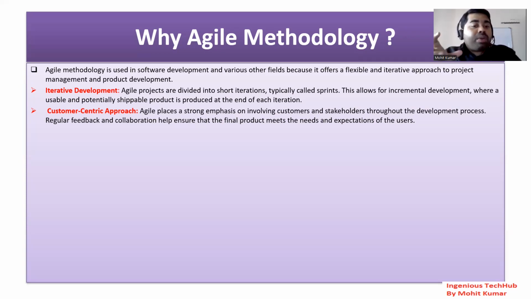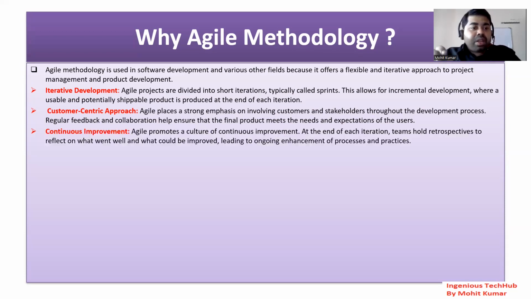Collaboration: we collaborate with the development team, BA, and DevOps team. This helps us complete our task and ensures that the final product meets the needs and expectations of the user.